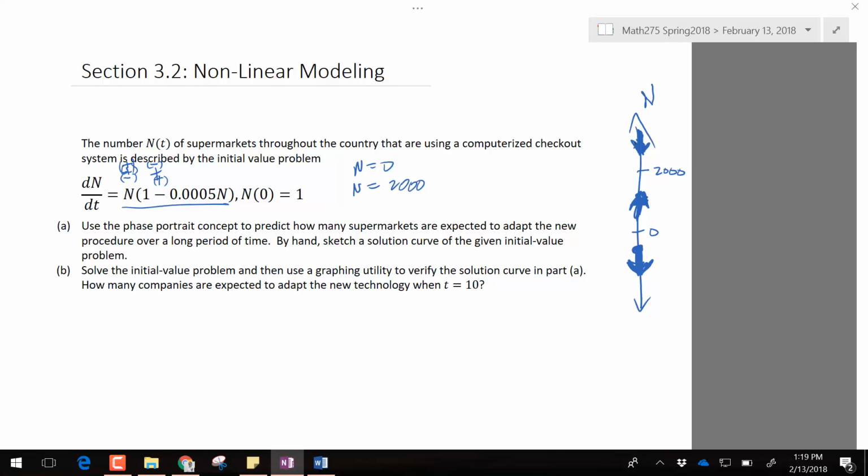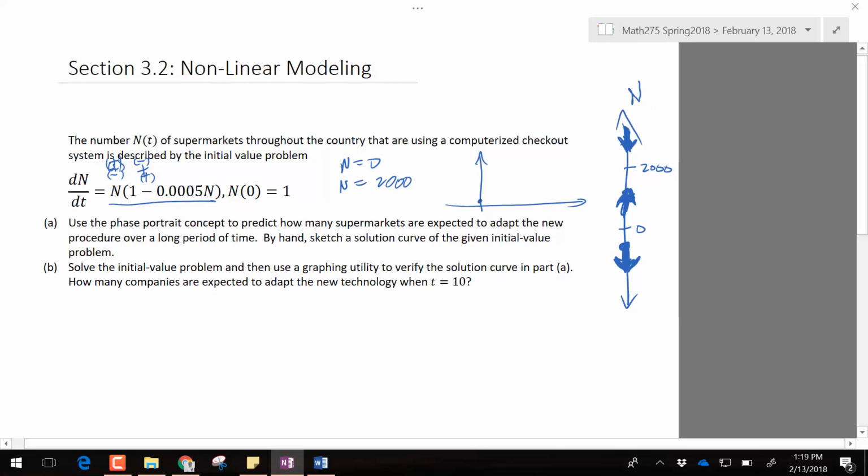All right, so that's the first part. By hand, sketch a solution curve. I think we would imagine our solution curve to look something like this. We're at n of 0 equal to 1, so we know that we're between 0 and 2000.